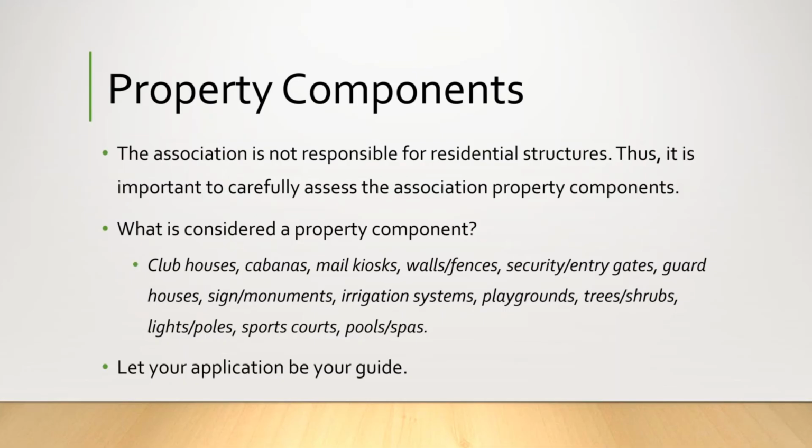They can include clubhouses, cabanas, walkways, fences, guardhouses, you name it, you got it. This is just a few of these that we can include. We do list them all out on our application, and if you need them, we can provide the coverage for this outdoor property component up to 1.5 million TIV.